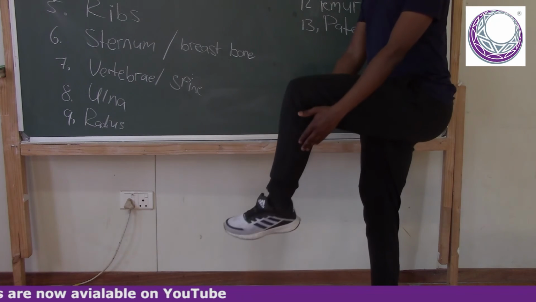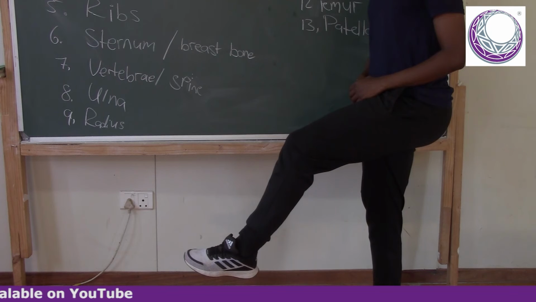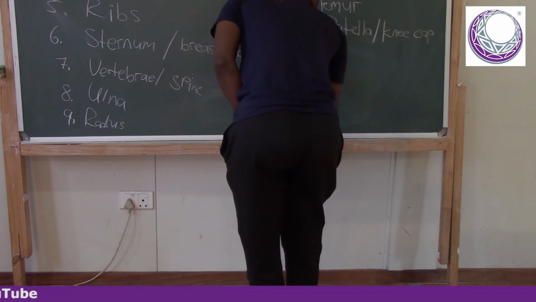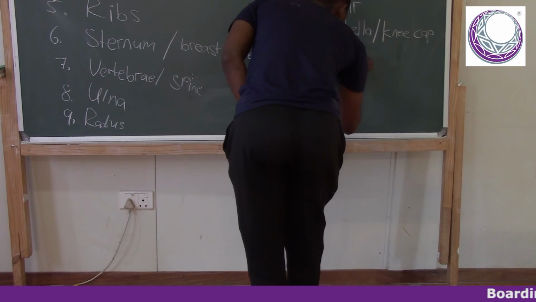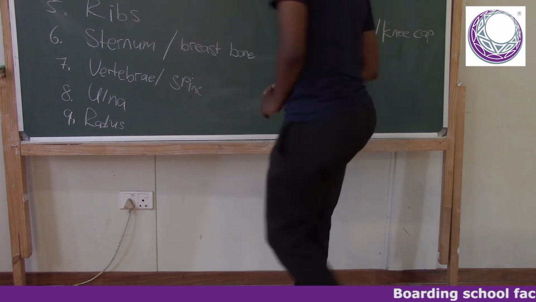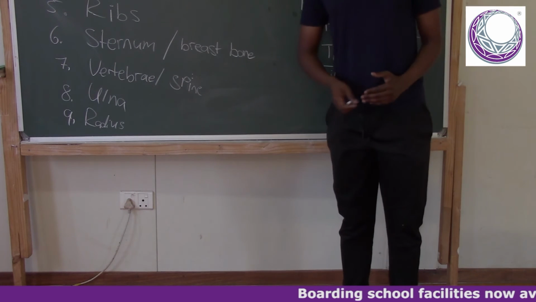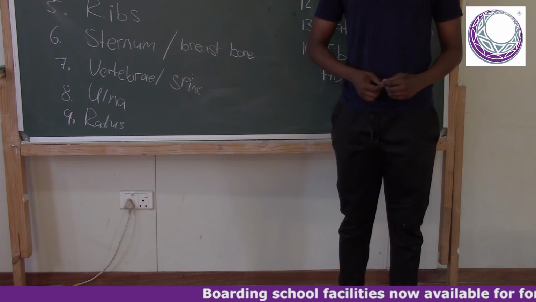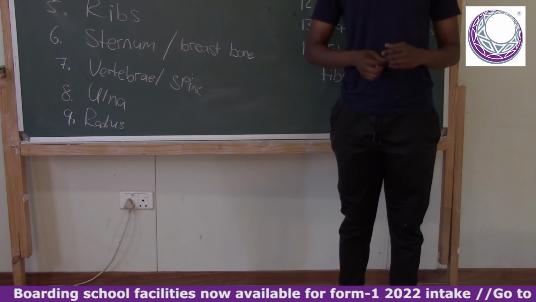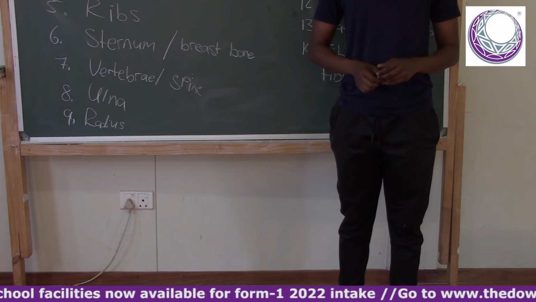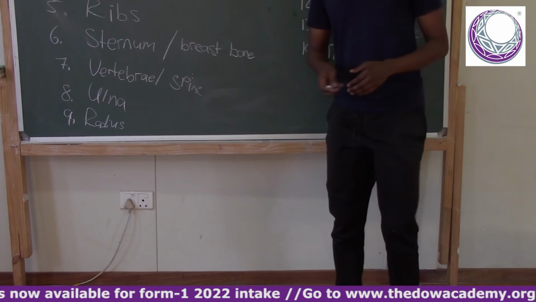Now, on our lower leg, we have tibia and fibula. That is number 14. Tibia and fibula are the bones in our lower leg. We have the tibia being the big bone and the fibula being the smaller bone.